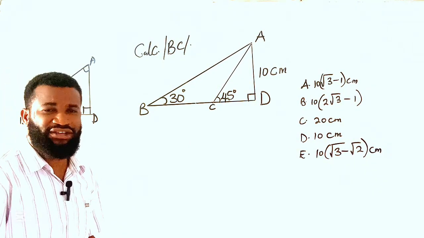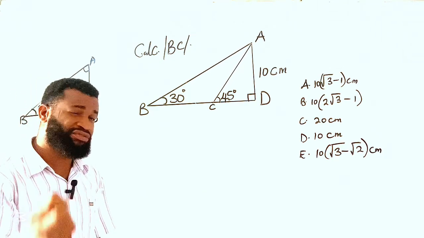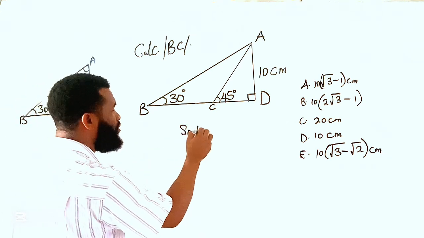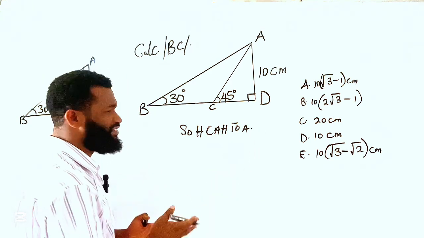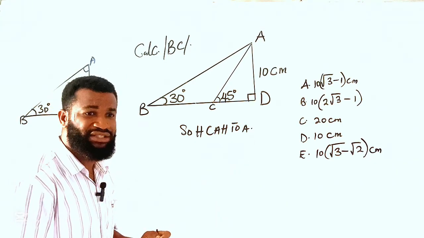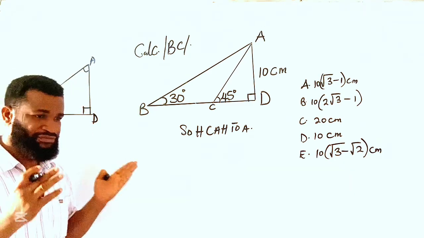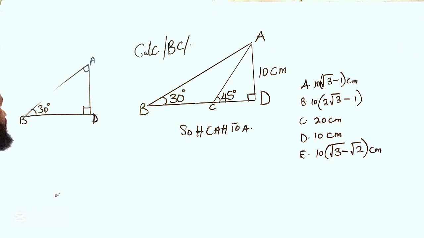Unless you want to find the area, then you can go for half base times height. But if it is trigonometric ratio, you are now talking about the acronym called SOHCAHTOA. This is the most valid instrument or tool for solving such a problem.